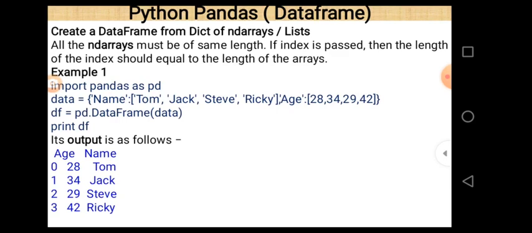First one is represented as an index value, and second one is represented as a data value, and the data value itself is a list here, and we pass 2 index values and 2 data values which correspond to Tom, Jack, Steve and Ricky, and 28, 34, 29 and 42.